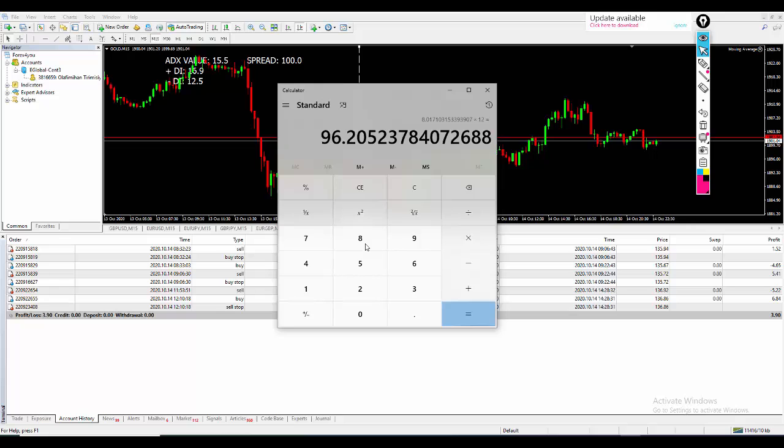So if you can do this by yourself, that means you are good to go. And like I said, always evaluate your profit in percentage. Don't evaluate your profits in cash. It will look so little to you.